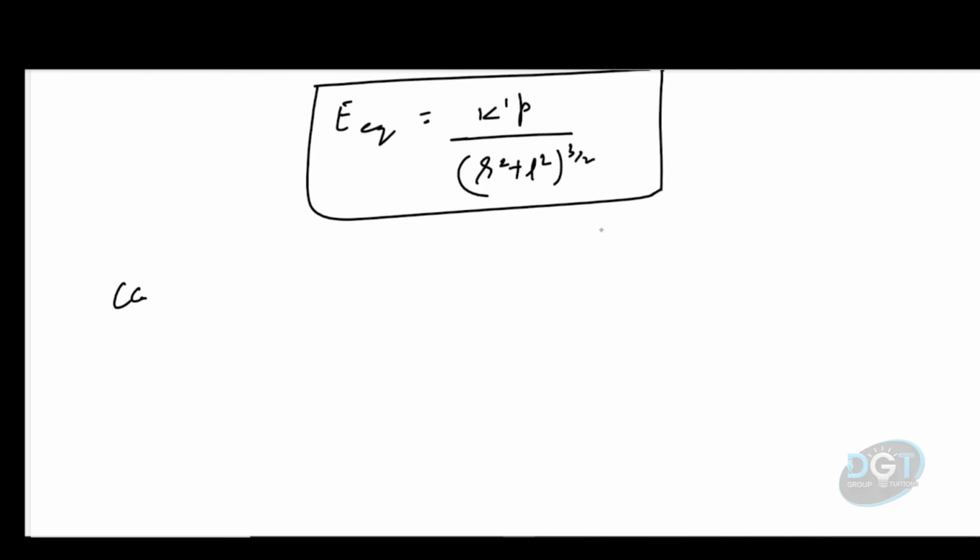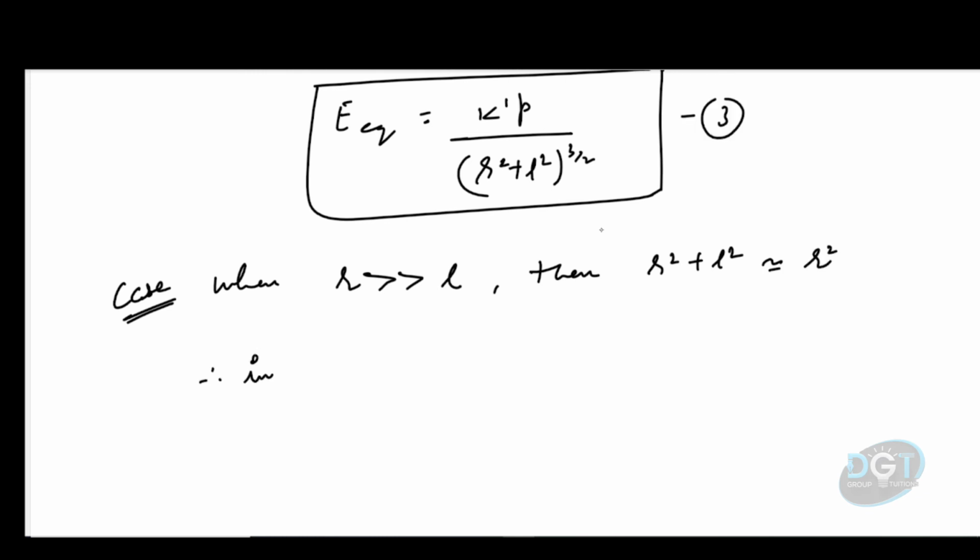Now here we can have a case when r is very big compared to L, then r square plus L square is nearly equal to r square. So therefore in equation 3 we get E equatorial as K dash p upon r square raised to 3 by 2.